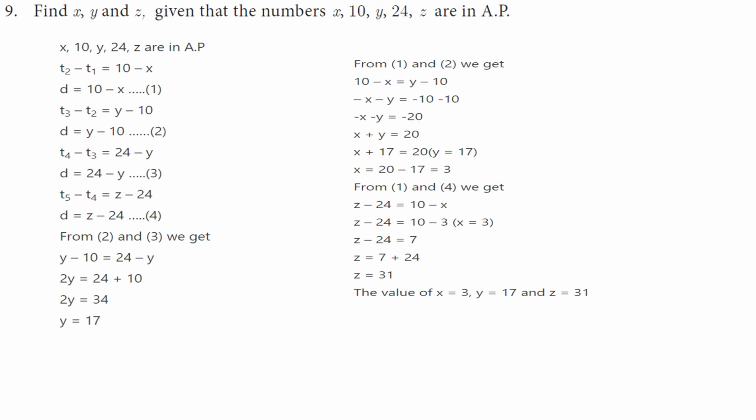Substituting, x plus 17 equals 20, which means x equals 20 minus 17 equals 3. Now we have to find z. z minus 24 equals 10 minus x, and substituting x as 3, z minus 24 equals 10 minus 3, z minus 24 equals 7, z equals 7 plus 24. Therefore, z equals 31. So x equals 3, y equals 17 and z equals 31.